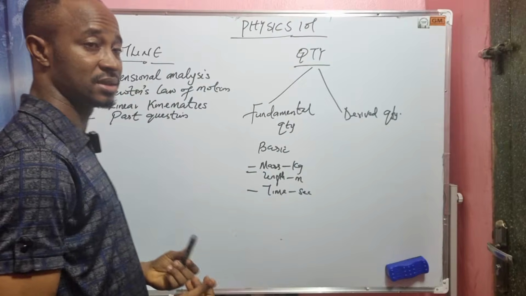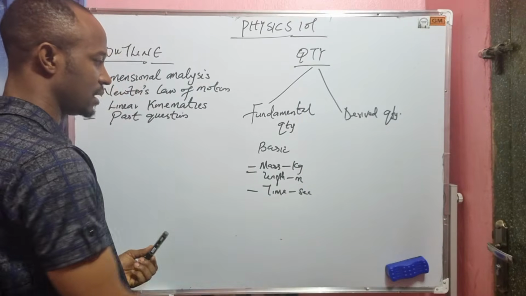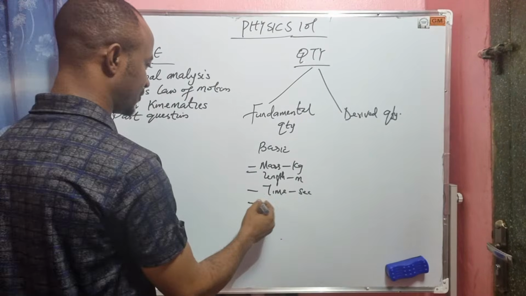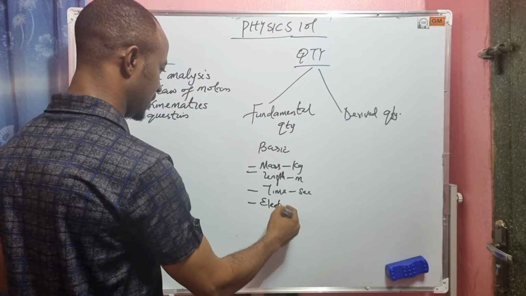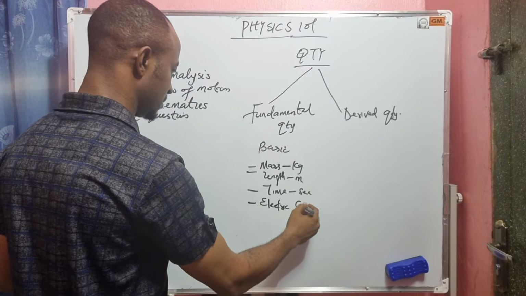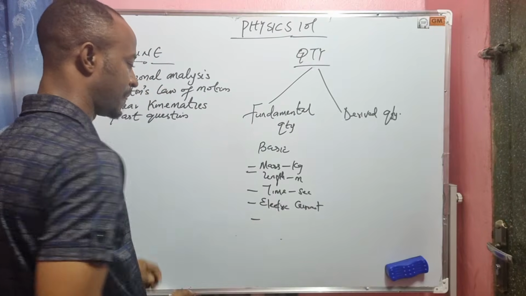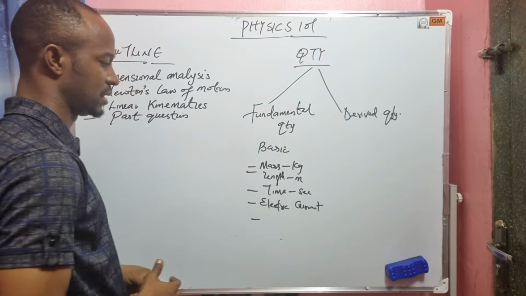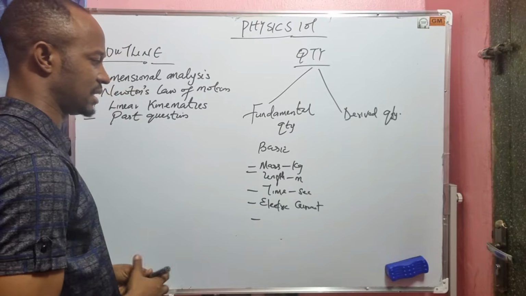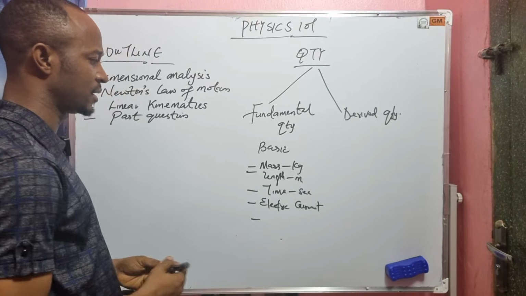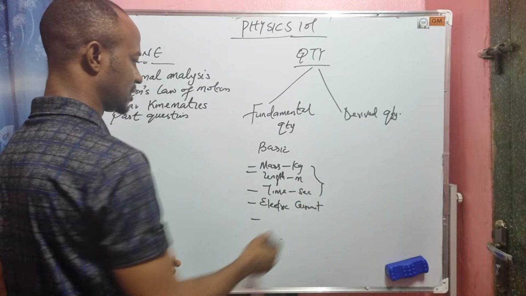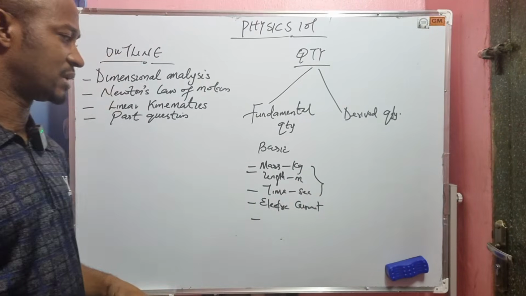These are the three basic fundamental quantities. We have other ones that also follow. We have the electric current, we have amount of moles, etc., and so many other fundamentals. But the three basic are just the mass, length, and time.